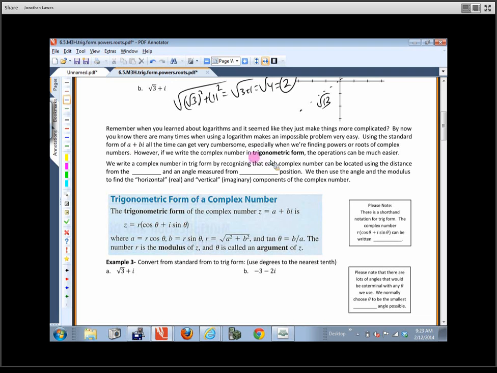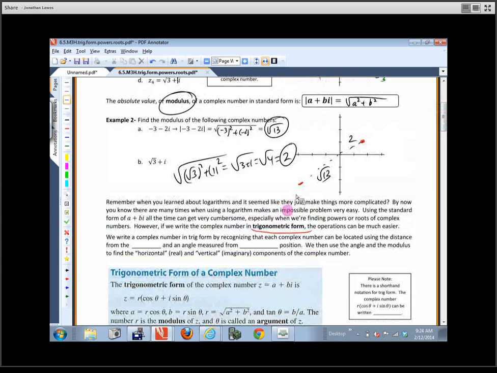So what we're going to do is write them in what we call trig form. This actually makes operations like finding powers, finding roots, multiplying them, and dividing them quite a bit easier. We write a complex number in trig form by recognizing that every complex number can be located on this complex plane using the distance from the origin, or the distance from 0, and an angle measured from standard position.